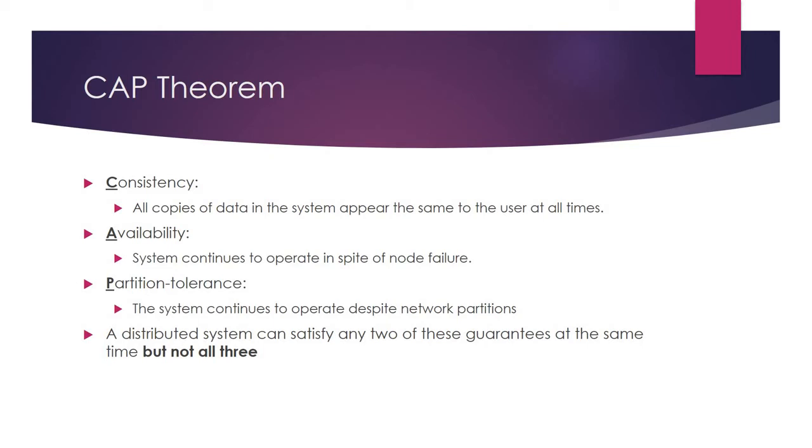So the client is given a choice here to choose how his application is going to work. This CAP theorem is one of the popular models for understanding the necessary trade-offs that are made in distributed data systems.